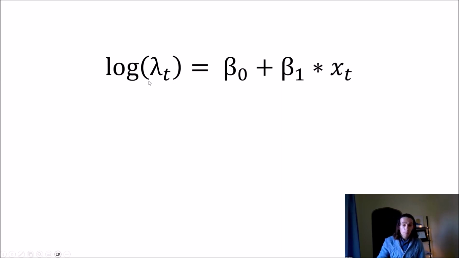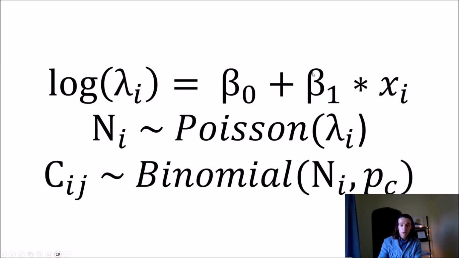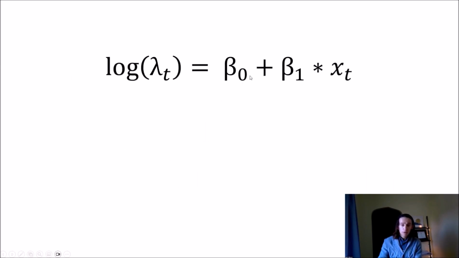So again, we start out by modeling the expected abundance of our sites indexed here with T as just this log linear regression. And this is the really key point here: we have these same parameters, this beta 0 and beta 1, so our intercept and our coefficient for this predictor variable X. So I'll just flip back here. So we've got beta 0, beta 1 here, and we've got beta 0 and beta 1 here.